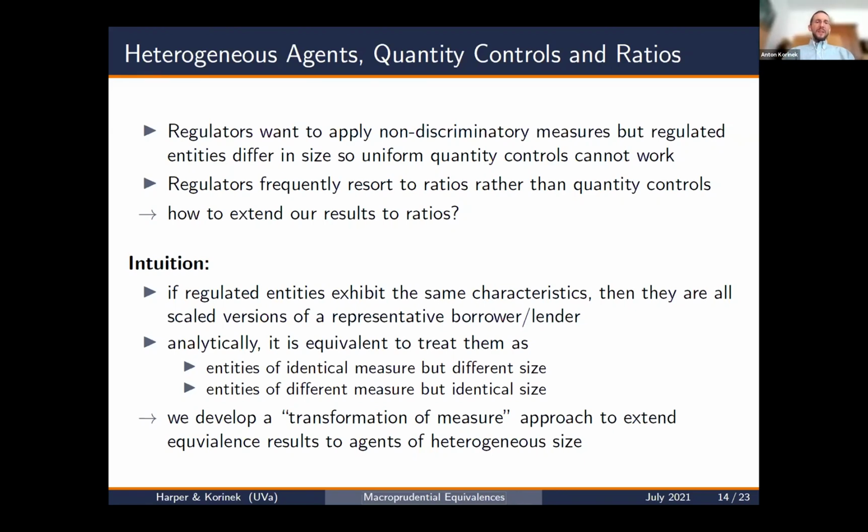What we show analytically is that if we are in this type of situation where all agents are scaled versions of each other, it is analytically equivalent to treat the entities under consideration as entities of identical measure but different size, or as entities of different measure but identical size. And if we transform from one of these measures to the other, then we can simply extend all our equivalence results to agents of heterogeneous size who are subject to regulatory ratios.